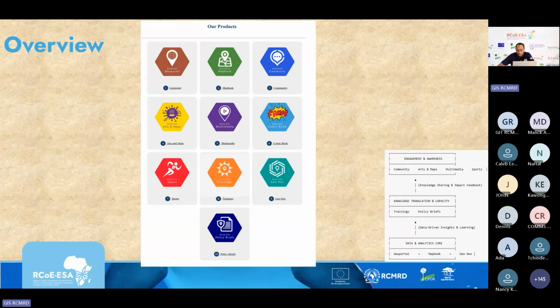From the data-driven insights that we get from these products, we are able to organize trainings. Based on the gaps that we identify, we're able to come up with policy briefs, which we then share through our different media, like the community, the arts and maps activities, multimedia and our social media engagement platforms.